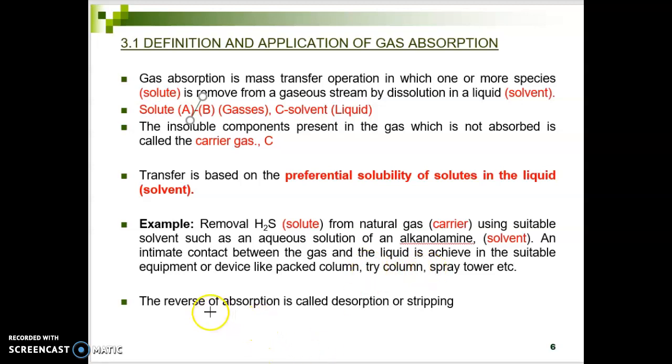The reverse of the absorption process is called desorption or stripping.